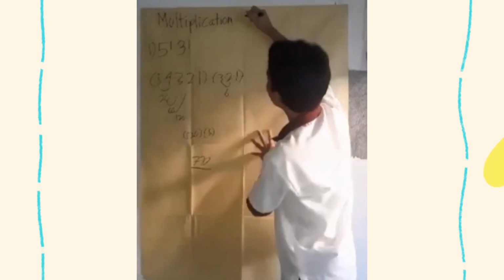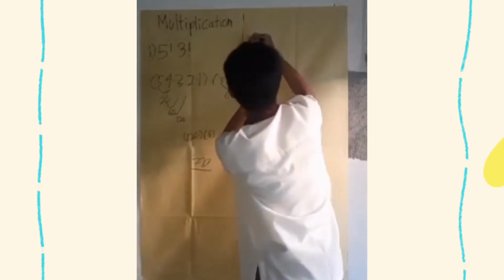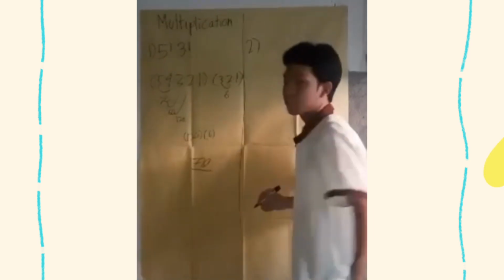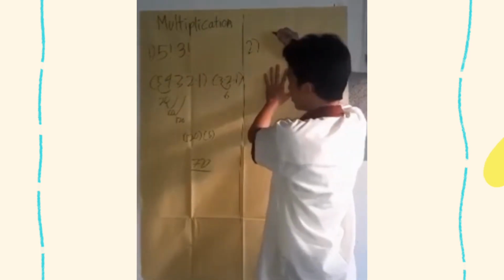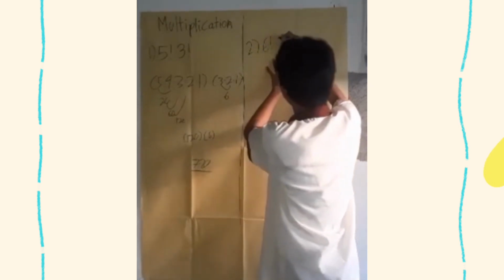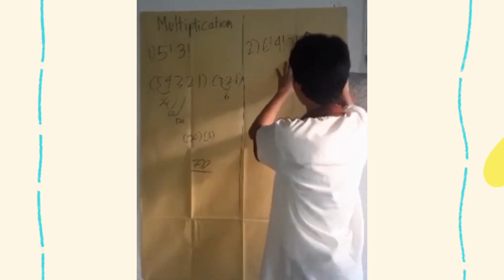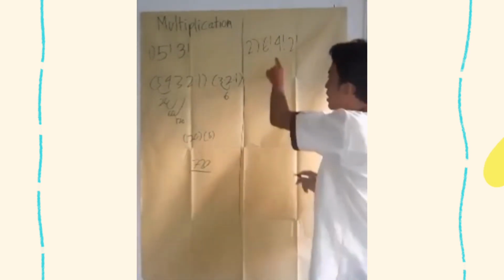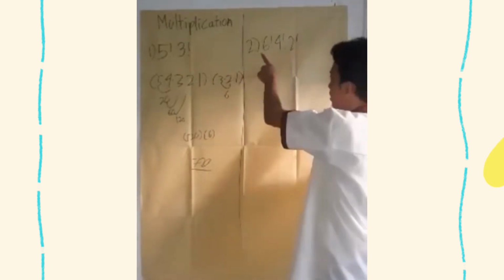Next, gagawa tayo ng isa pang example. Lagyan natin ng number dito para hindi tayo malito. Example 2. Mag-isip tayo naman ng tatlong number: 6 factorial, 4 factorial, at 2 factorial. Mahaba ang solution nito dahil ito ay tatlo.